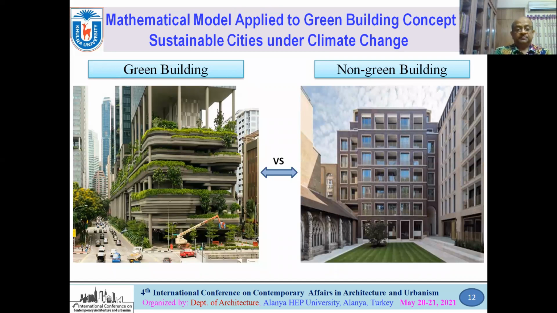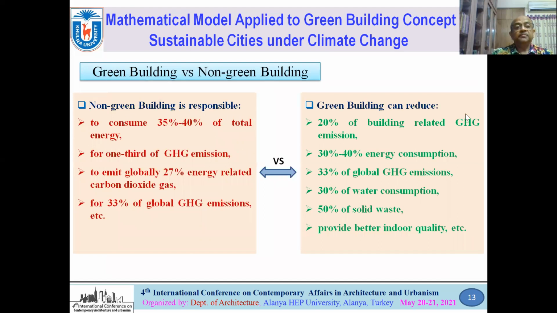Here is the sample of green building and non-green building concept. You can see the difference between green building and the non-green building concept. And what is the advantage of green building? A non-green building is responsible for consuming 35 to 40% of total energy. But green building can reduce this energy by 30 to 40%.